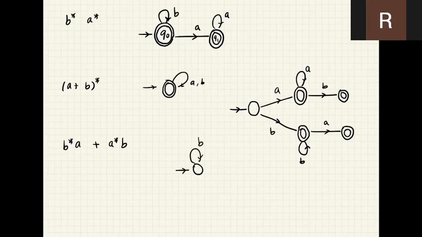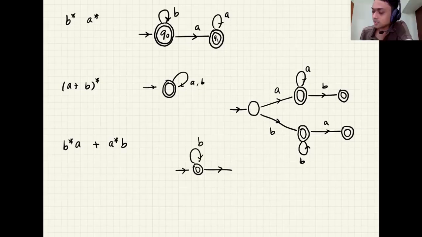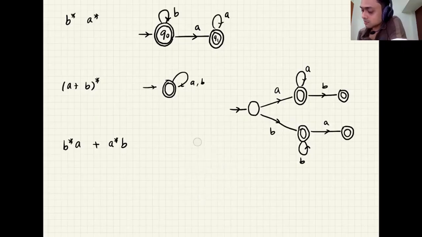Can we just not accept the first states? Then it will be fine, it will move forward. But then you have to accept a, right? What is the mistake? Suppose these are not accepting. If I don't make them accepting, then how do I accept the letter a?